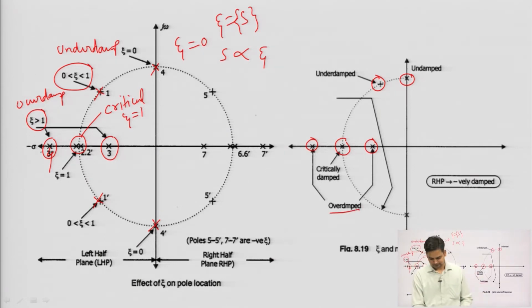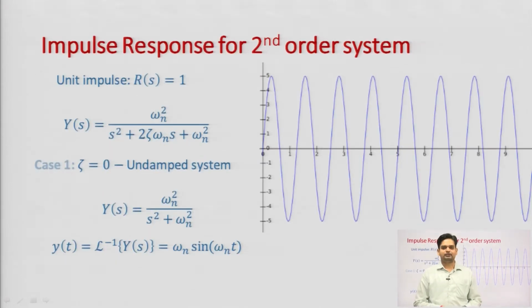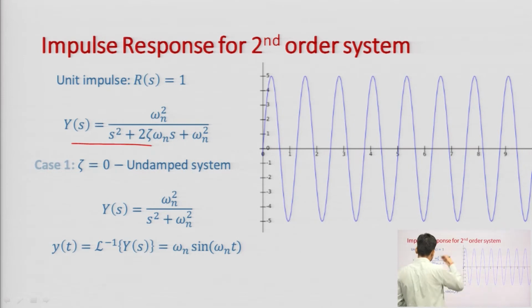Now we would like to see the impulse response of the second order system. This is the transfer function for which we did the calculation. Here I am assuming R is equal to 1. For different values of zeta, I would like to see what the impulse response would be. First I assume zeta equal to 0, the undamped system. Y is given like this, and I would like to know what y of t would be.